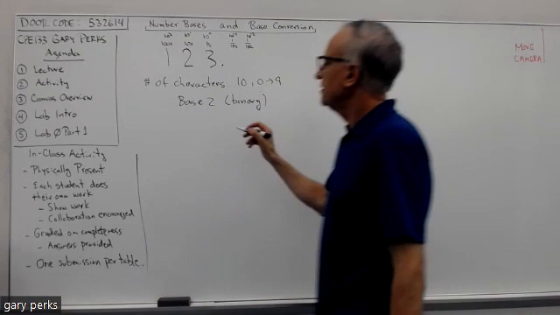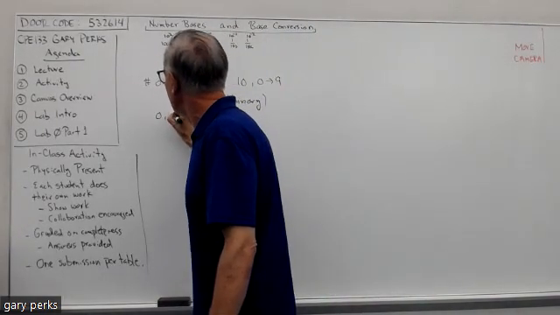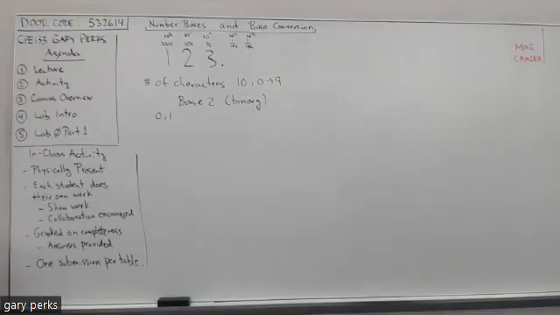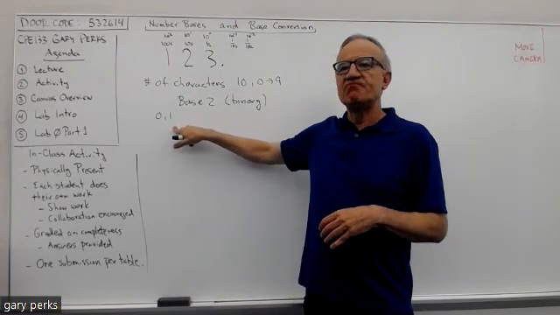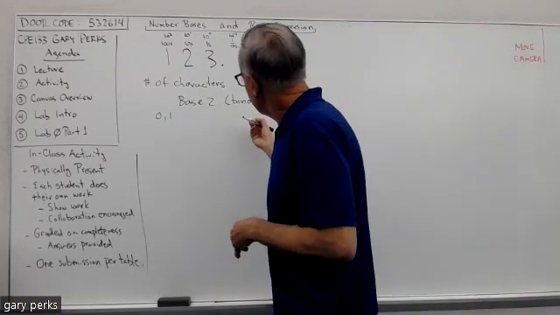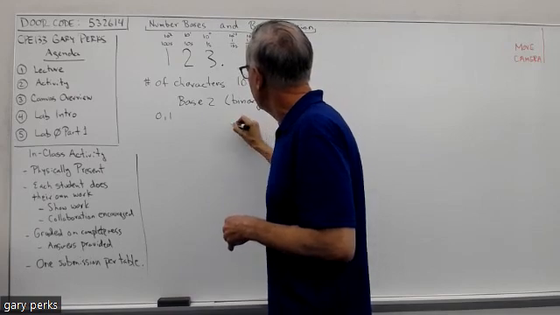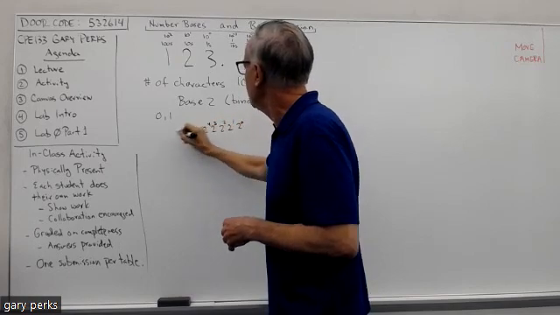And what are they? 0 and 1. You've got to have 0 in any base, because no matter what base you're talking about, you could have nothing. So base 2 has 2 characters, 0 and 1. And then the columns in base 2, their values are 2 to the 0, 2 to the 1, 2 to the 2, 2 to the 3, 2 to the 4, and so on.